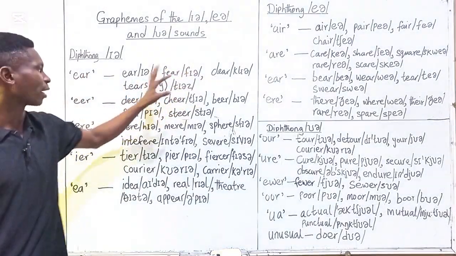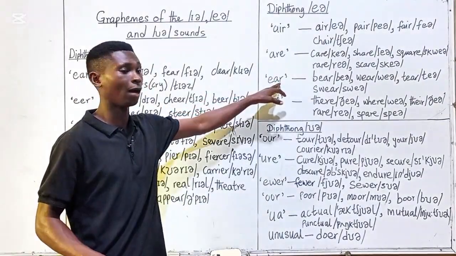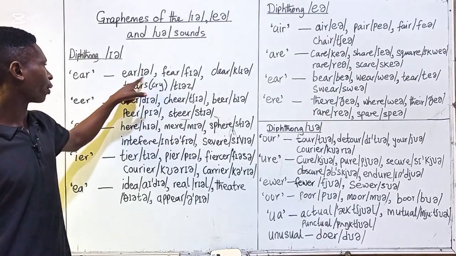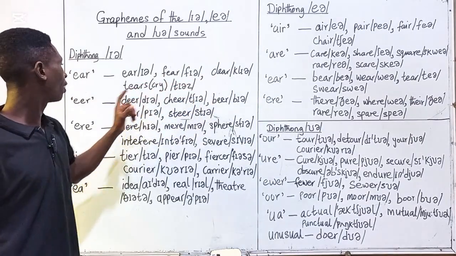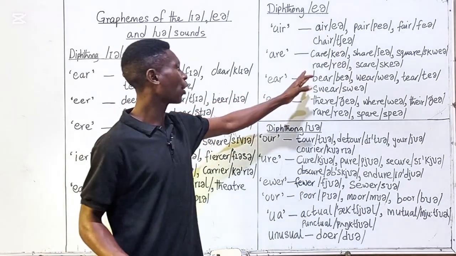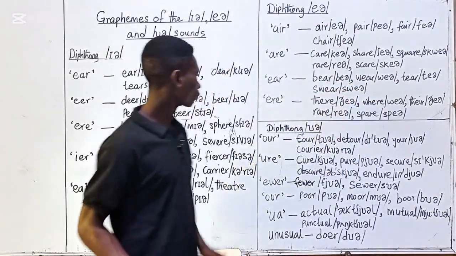So look at the words we have here as different from the words we have under EAR there. Here we pronounce the EAR as ear, as in ear, fear, clear, cheers, and so on. But here we pronounce the EAR as in bear, wear, tear, swear.